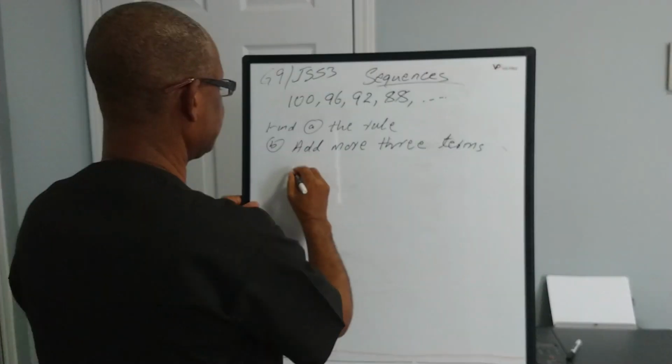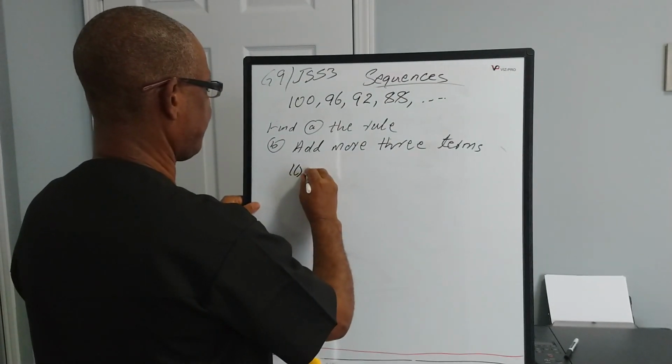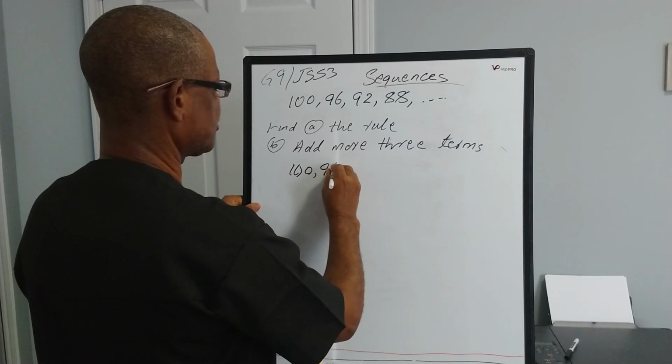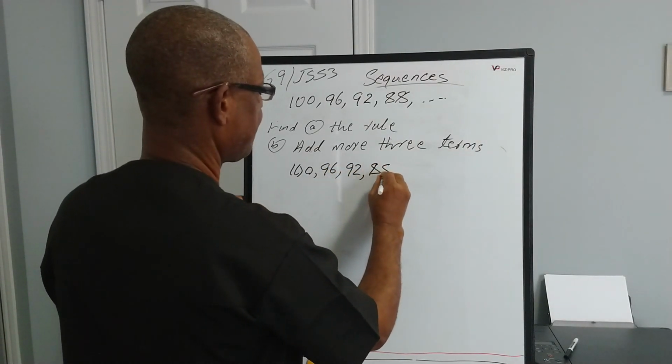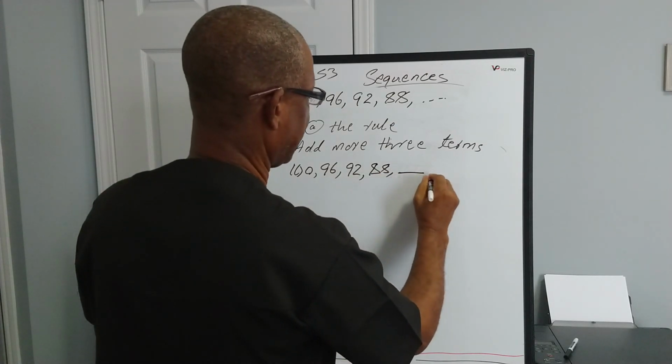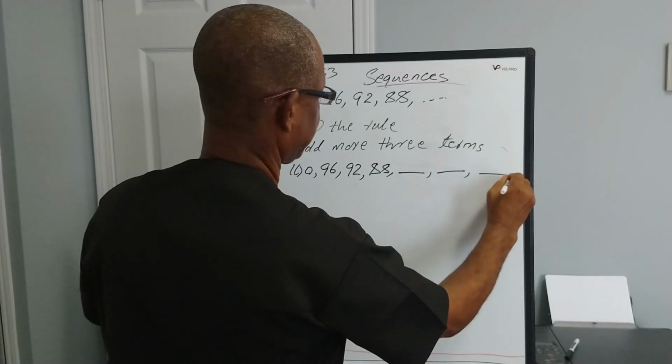So we have in our solution 100, 96, 92, 88, then the more 3, 1, 2, 3.